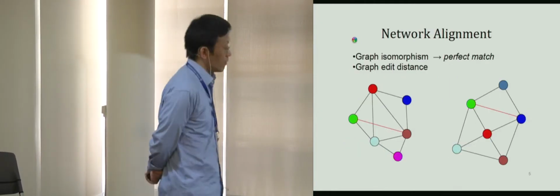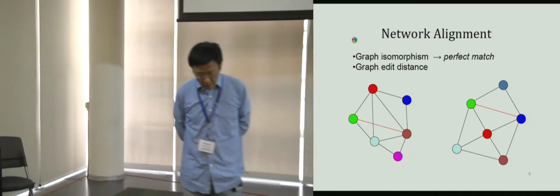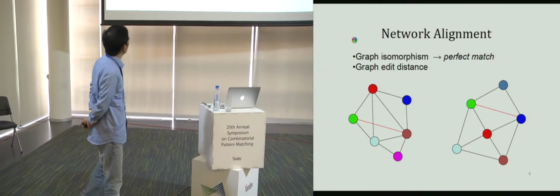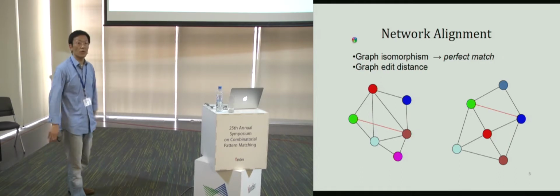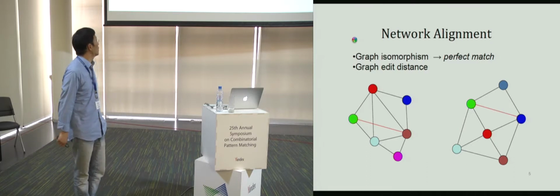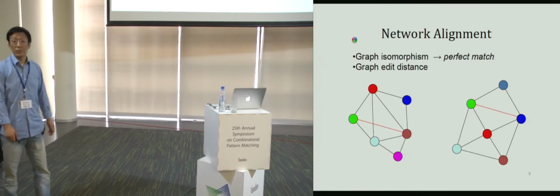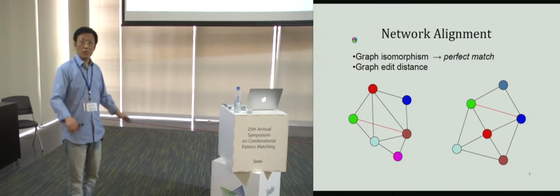In graph theory, the best case of network alignment is that we have a perfect match between 2 graphs. These graphs are identical, only the layout may be different. However, that is not the case we always have in practice.